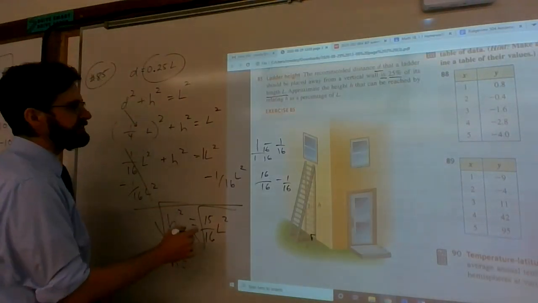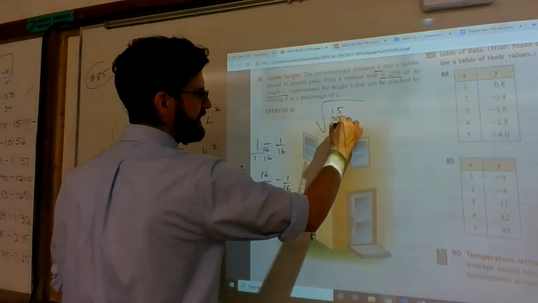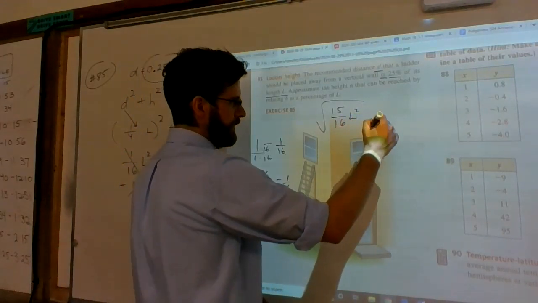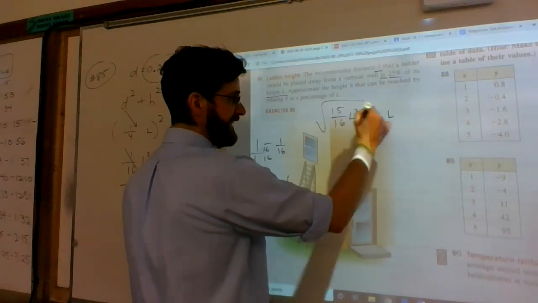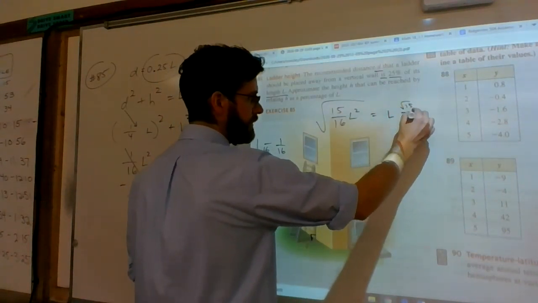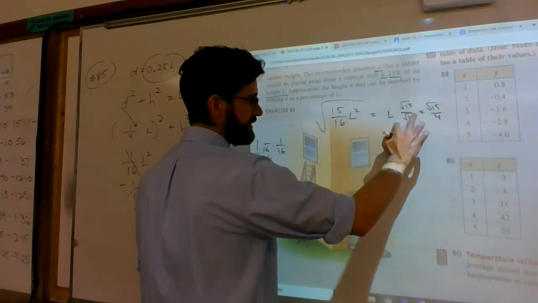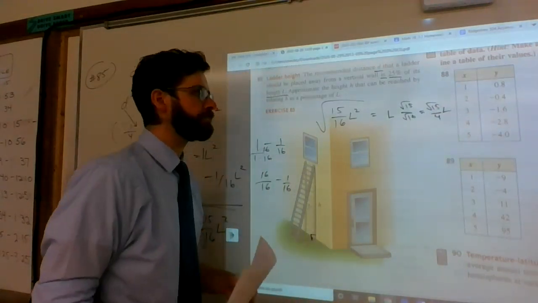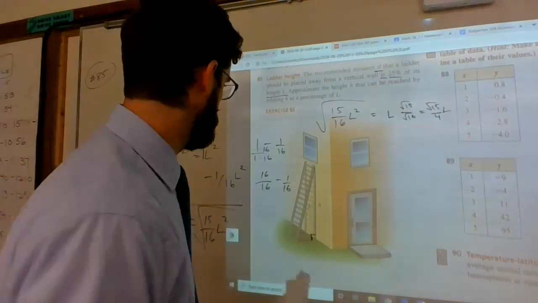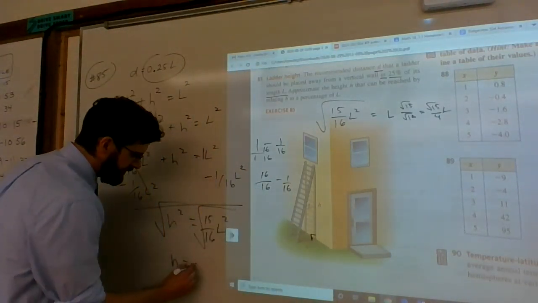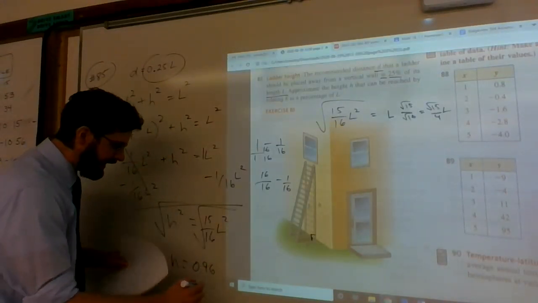So root 15 over 16 L squared, you can think of that as root 15 over root 16 times L times L. Root 15 over root 16 is root 15 over 4 times L. And when you actually take root 15 divided by 4, you get 0.968 L.